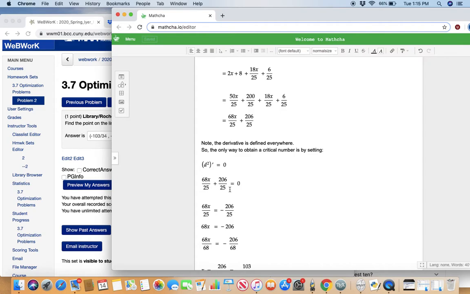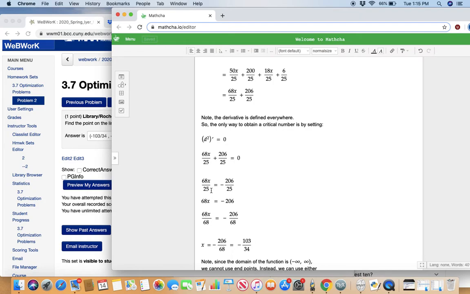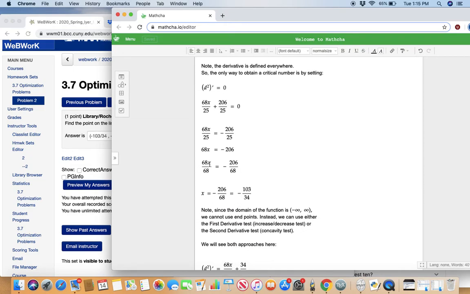Move the 206 over 25 to the right, becomes a negative. Well, multiply both sides by 25. 25 go away. 68x equals negative 206. Divide both sides by 68. X is negative 206 over 68. Reduce it by 2. You get negative 103 over 34.